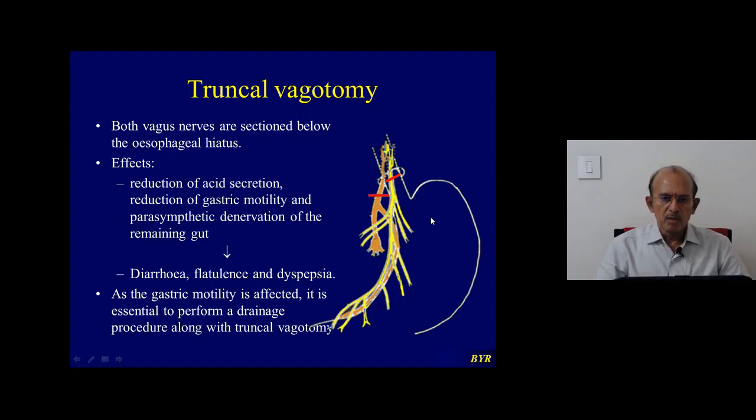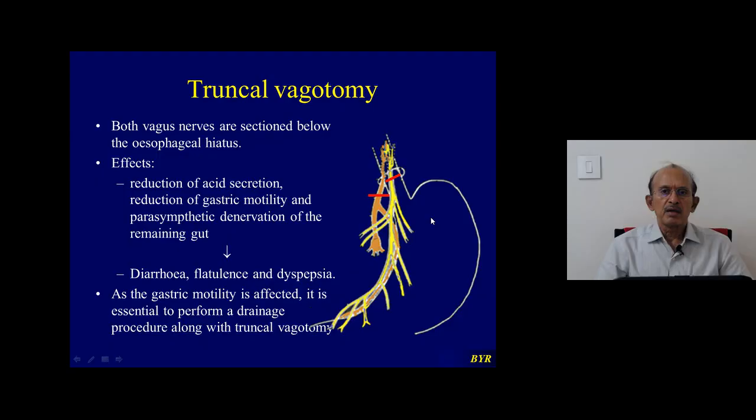To overcome this problem, whenever you do a truncal vagotomy, you must always combine it with a drainage operation. Drainage operation means the stomach contents can easily be delivered into the duodenum or small intestine. That is done either by cutting and enlarging the opening of the pylorus, which is called the pyloroplasty operation, or by diverting the food into the small bowel, which is called the gastrojejunostomy operation.